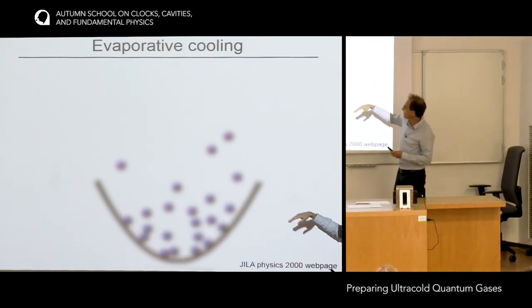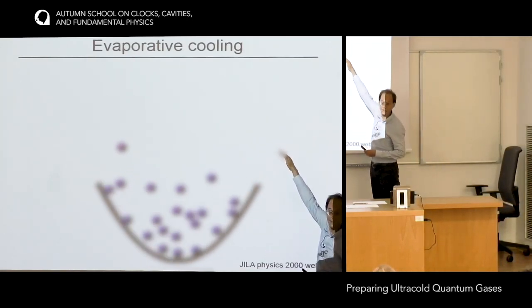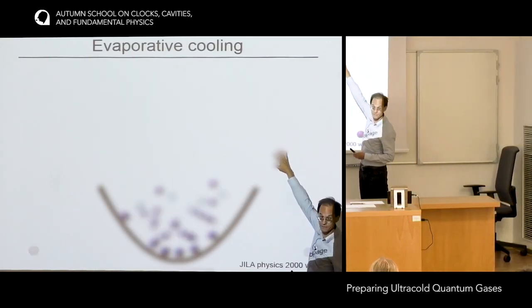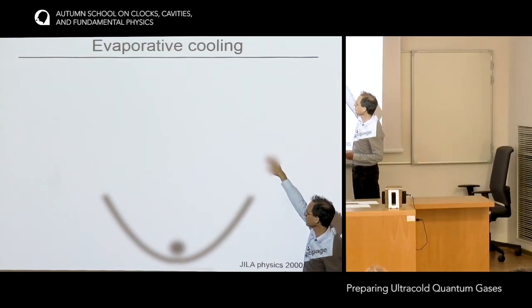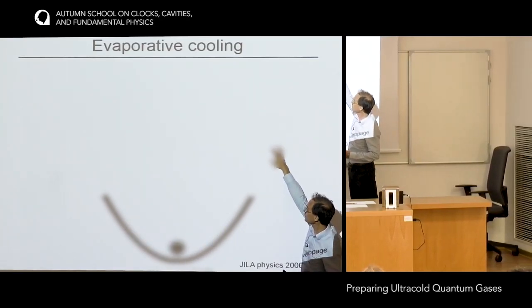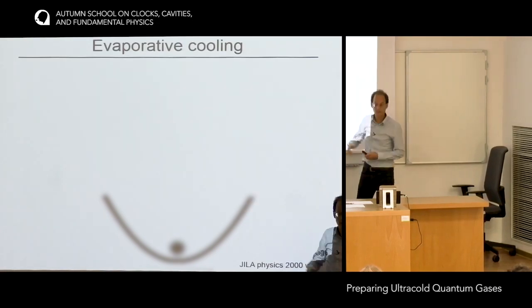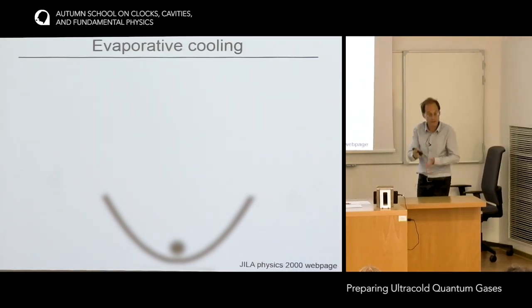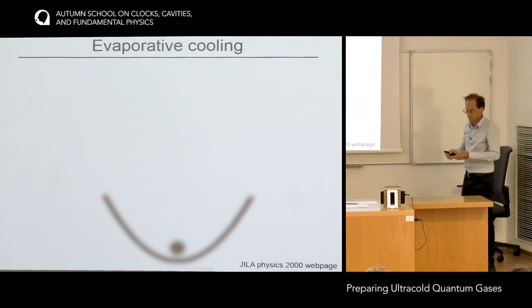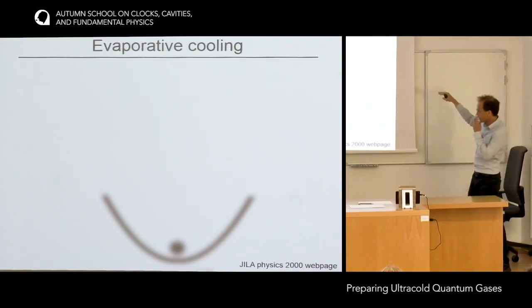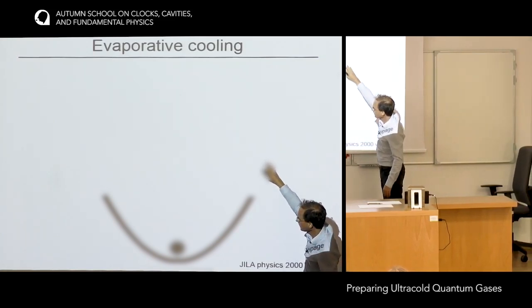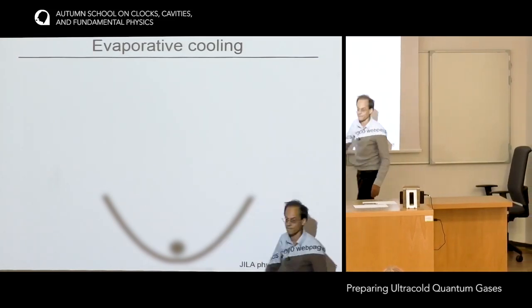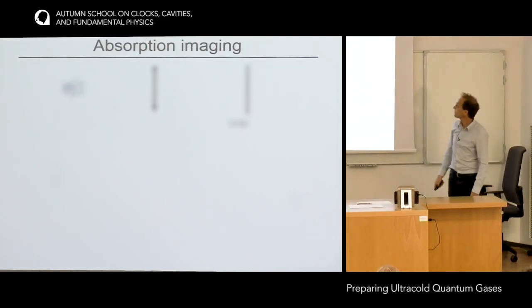Now, if we keep our trap high, that means we have less and less atoms that could evaporate, and the process would slow down and not work anymore. So people pull the depth of their dipole potential down just by reducing the laser power. That takes between half a second to 10 seconds or so, depending on how many atoms you have, what you want. And then, if you're just cold enough, the atoms condense.